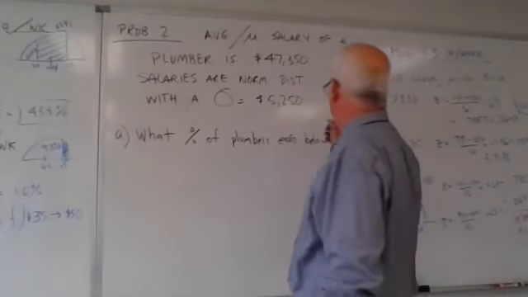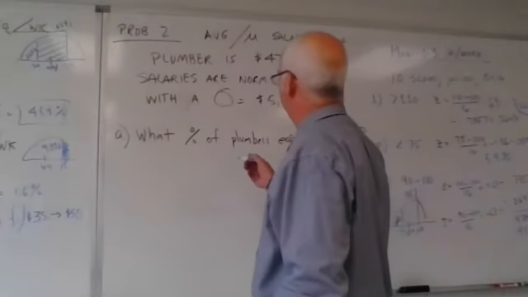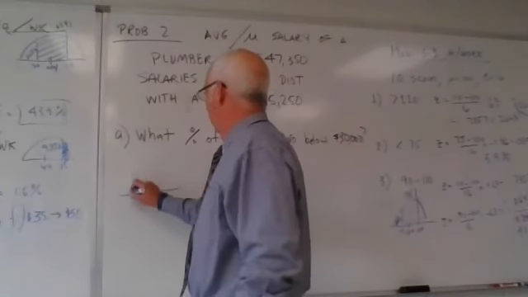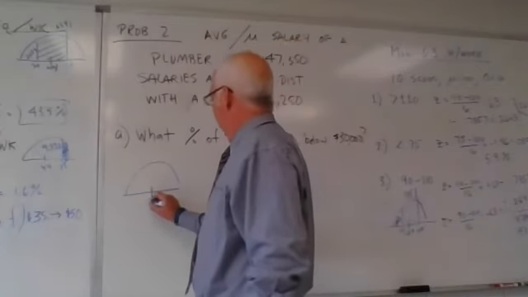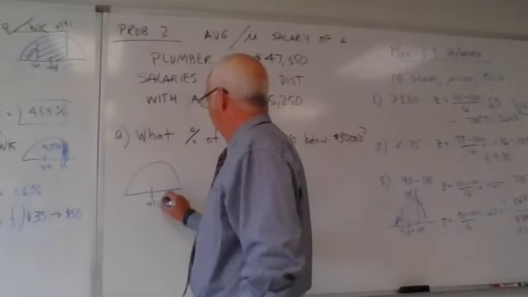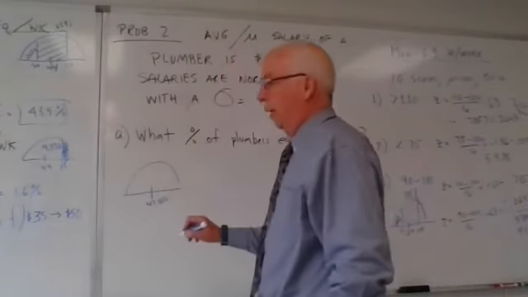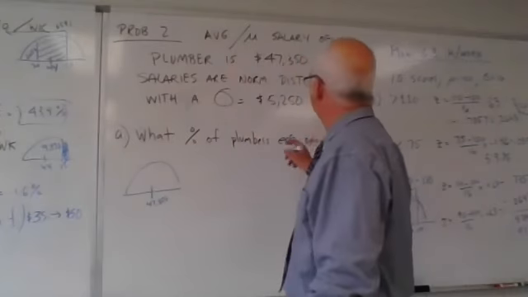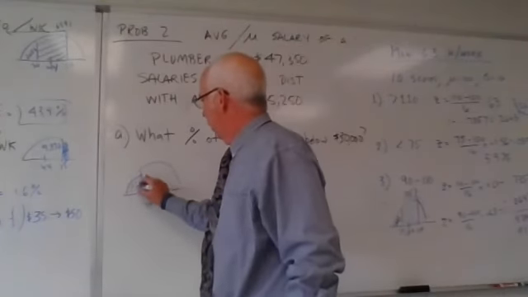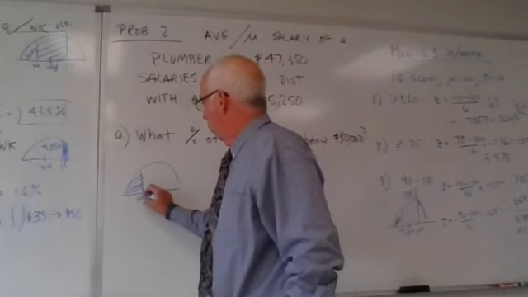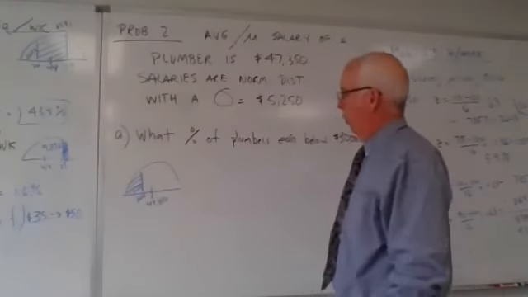Actually, let's draw a picture of what this is asking. So we got 47,350 for the mean, right? It's asking what percent is making 30K. There's 30K. I'm going to abbreviate just because of space.